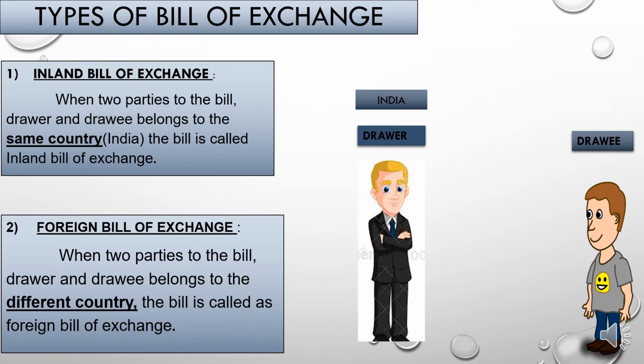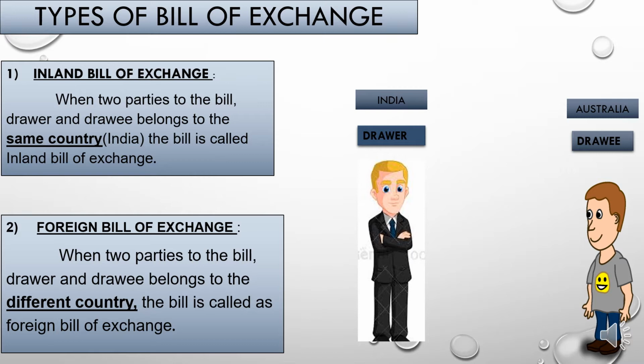Second point, foreign bill of exchange. In a foreign bill of exchange, both the parties, that is drawer and drawee, suppose the drawer is from India and the drawee is from Australia.